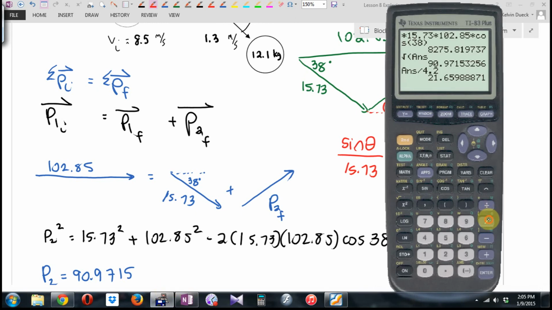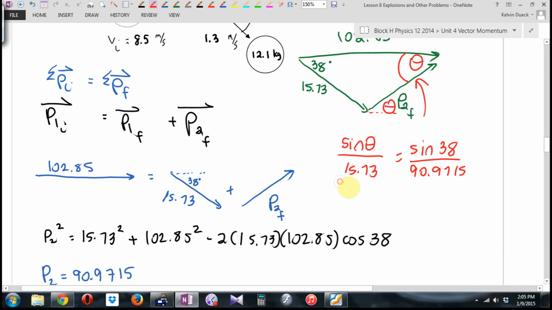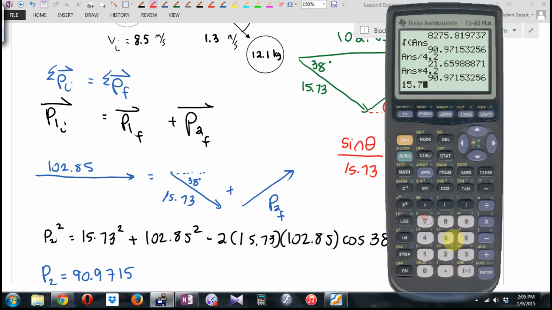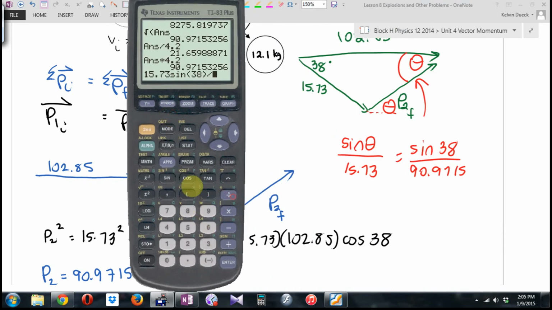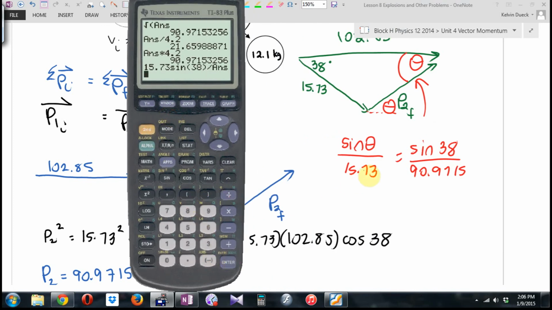Okay, let's cleverly get that 90.9715 back. There it is. So it's going to be that times that divided by that. Square root. Yeah, this is going to be a really small angle. No, that's not what I wanted. Wrong button. Let's try that again. Shift sine. Yeah.